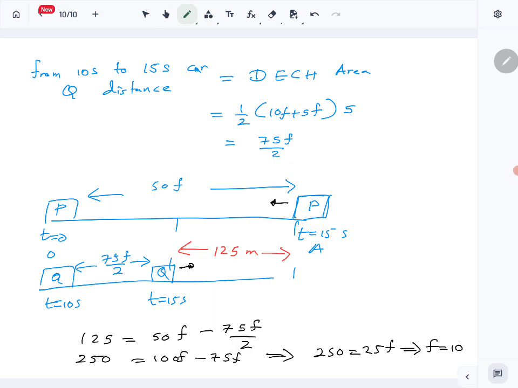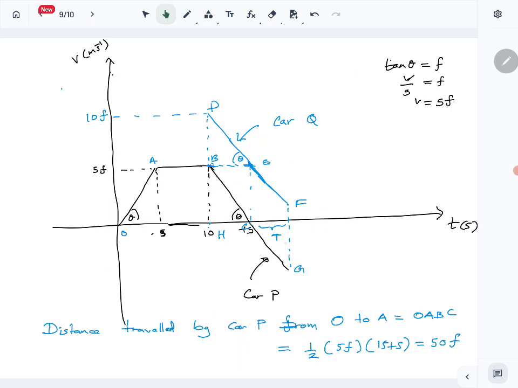So when they meet up, when you add the distance together, how much P traveled and how much Q traveled, those two together should be equal to 125 meters. So what is that in the graph?